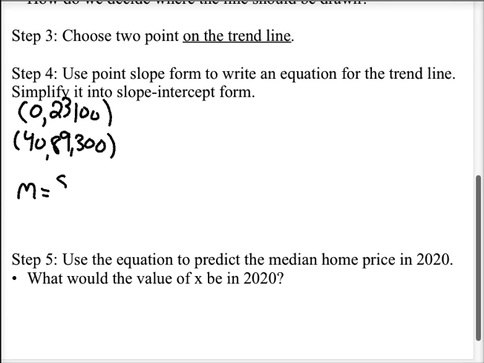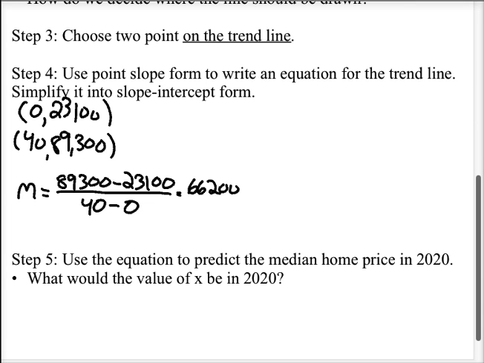So subtract the y's, then subtract the x's in the same way. So 89,300 minus 23,100 gives us 66,200 divided by 40.